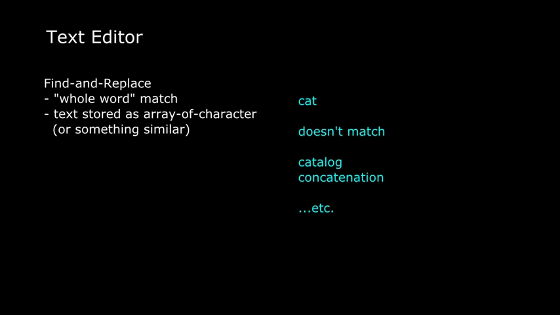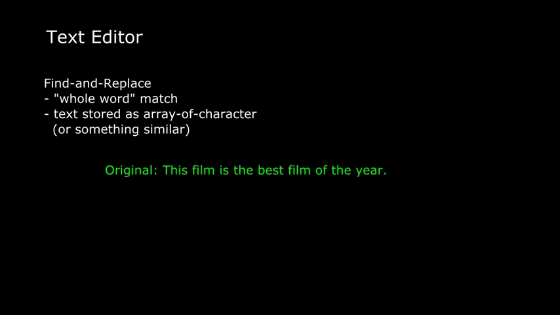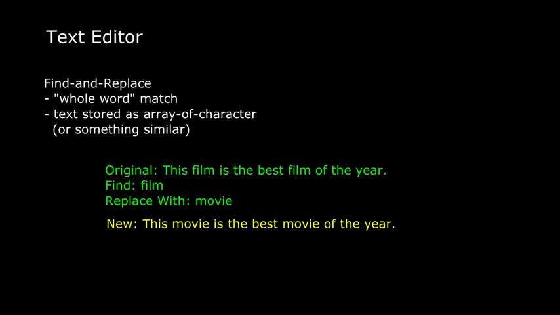For the purpose of this problem, the text you would be searching is stored in some kind of aggregate structure, like an array of characters, let's say. The word to be searched for is an array of its own, along with the replacement word. So the code you're writing is supposed to replace every occurrence of word A with word B in the main text. And to avoid making this problem trivial, let's say you don't have any access to some code library that does the searching and replacing for you.